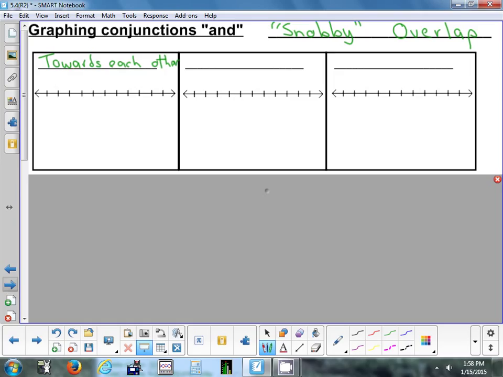So maybe we got something like this going this way, and maybe another closed one here, going that way. They're snobby, okay? When I get a situation like this, I'm just going to box it out for right now. We're going to show you one like this in a second. All I want to graph is the overlap. So I'm only going to graph between here and here. There'll be a closed dot here and a closed dot there, and that's what I want to graph. I only want to graph where they overlap. It's an and, it's snobby.